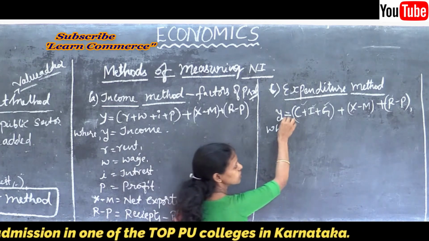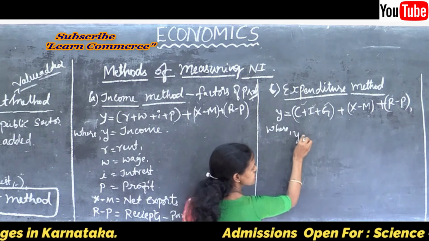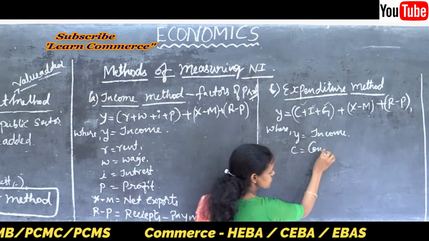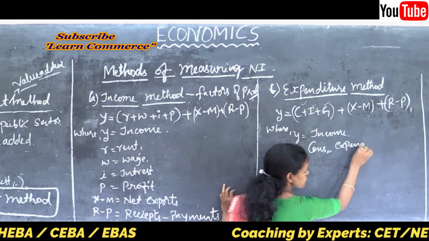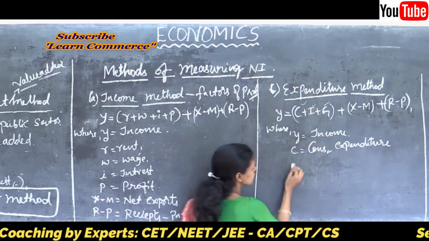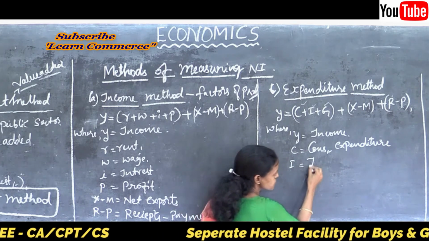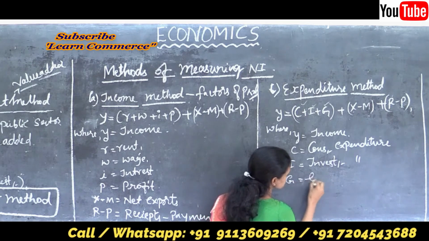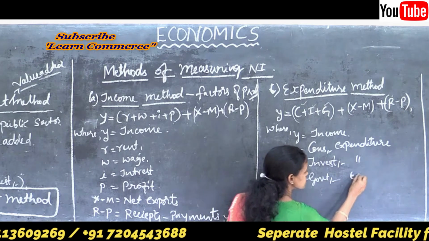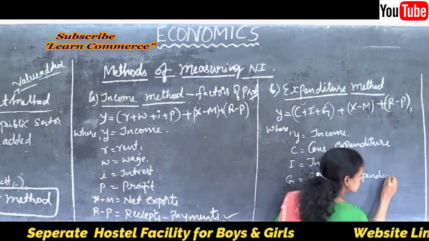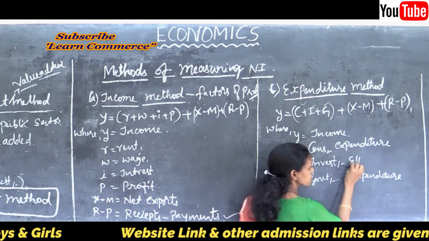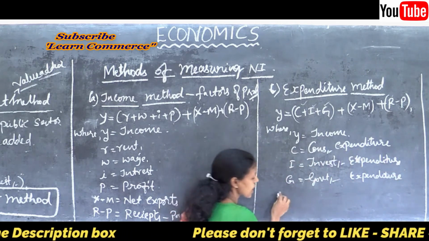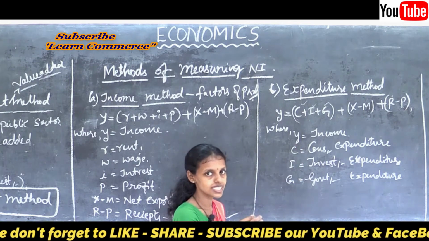We can see the equation one by one, where Y is equal to income in economics, C is equal to consumption expenditure, I means investment expenditure, G is equal to government expenditure, where X minus M, X means export, M means import.